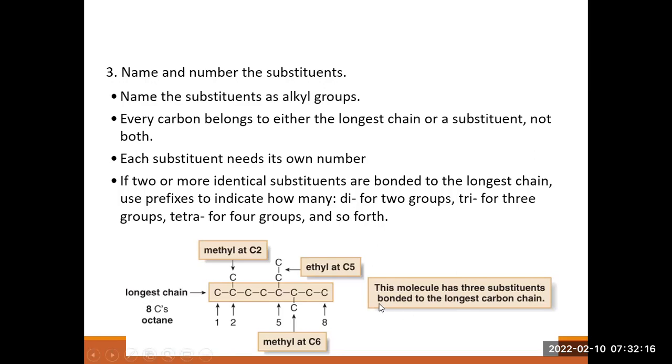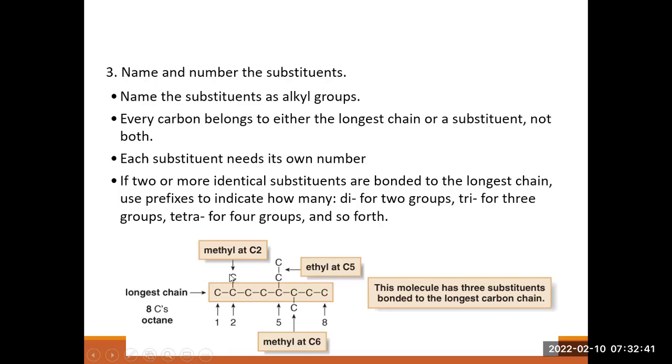So the longest chain here is 1, 2, 3, 4, 5, 6, 7, 8. Substituents will be at 2, at 5, at 6, and at 8. So if you want to rename them, it's methyl at C2, ethyl at C5, and methyl again at C6.